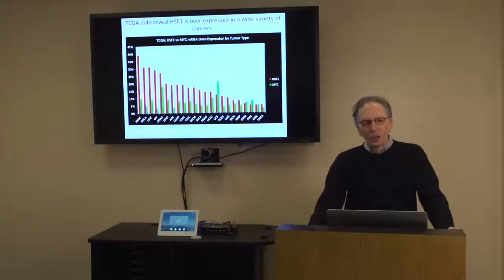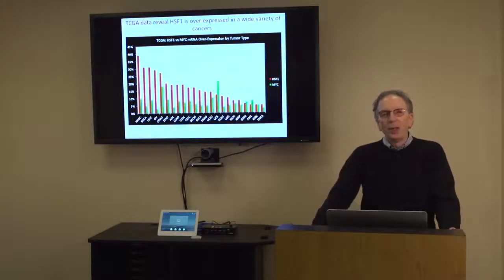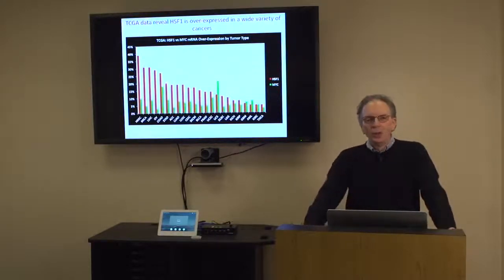Agreeing with this observation, if one looks at TCGA data that has recently appeared and is available, one sees that HSF1 is overexpressed significantly in a wide variety of cancers.